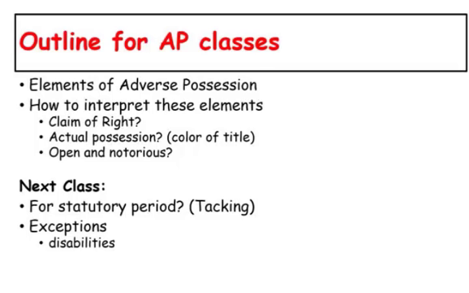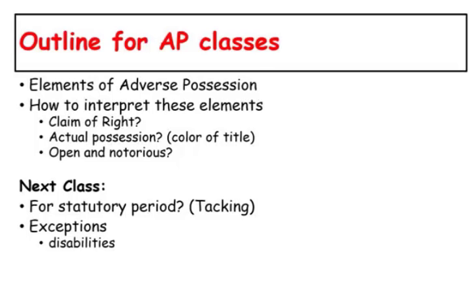Now, another thing to keep in mind for understanding adverse possession is that these elements get sort of sliced and diced and mixed a little bit. So sometimes you'll see courts saying there are 5 elements. Sometimes you'll see courts saying there are 4 elements. Don't get too hung up on that.